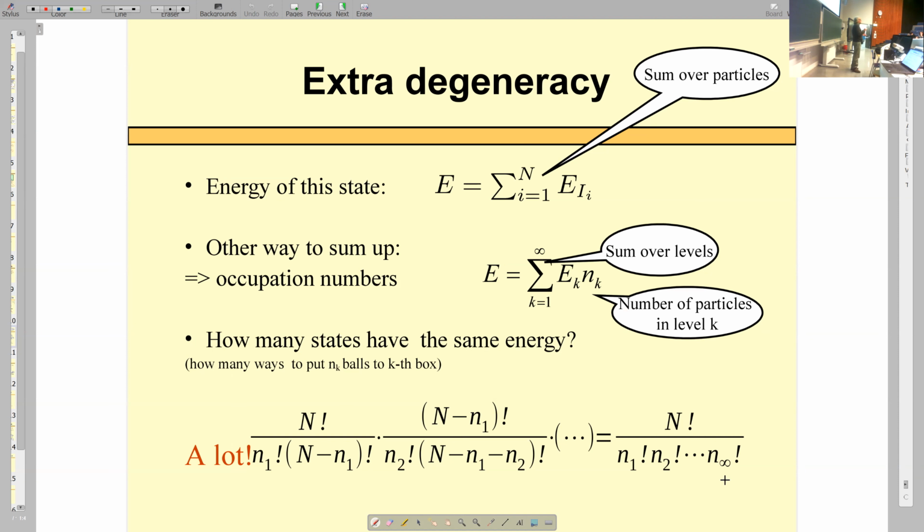Imagine a world where the symmetry principle doesn't hold, and all particles are different.